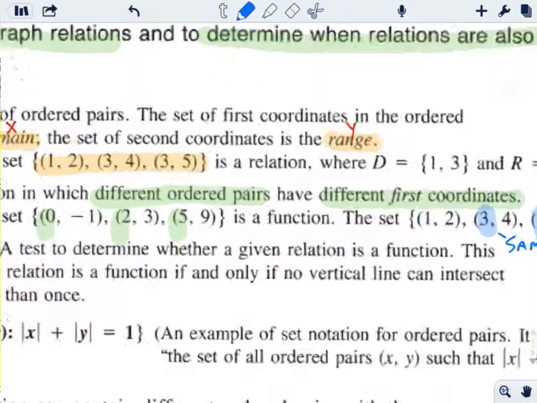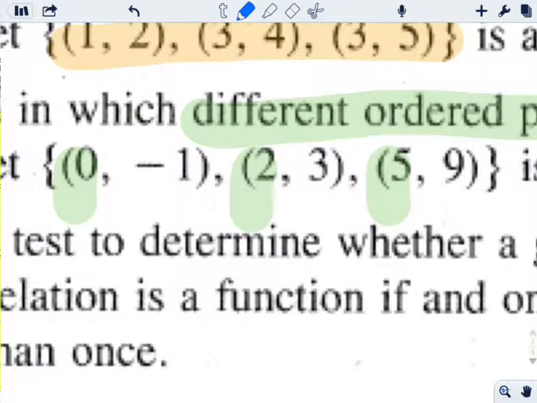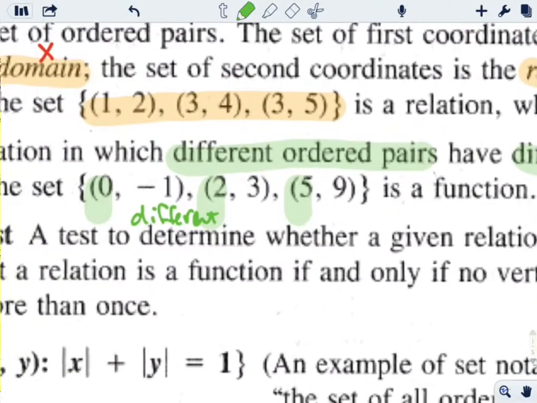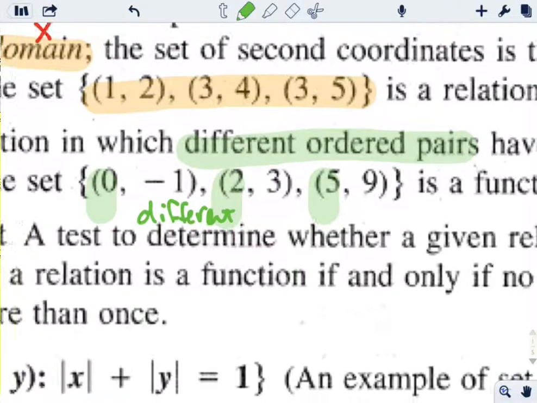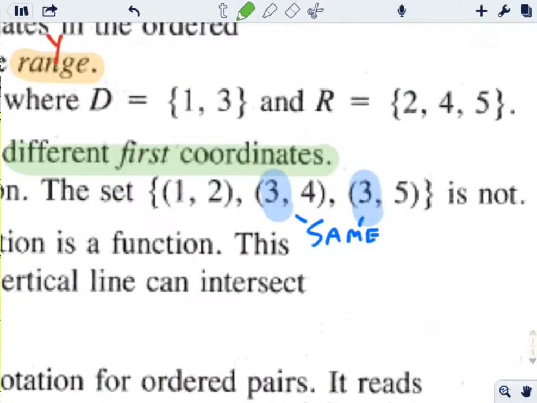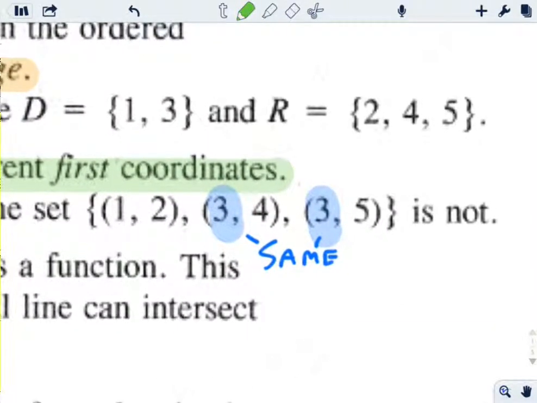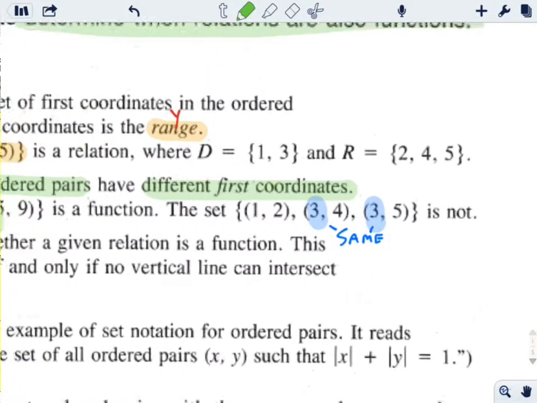So (0, -1), (2, 3), (5, 9) is a function. (1, 2), (3, 4), and (3, 5) is not, because this has x's that are the same with different y values.